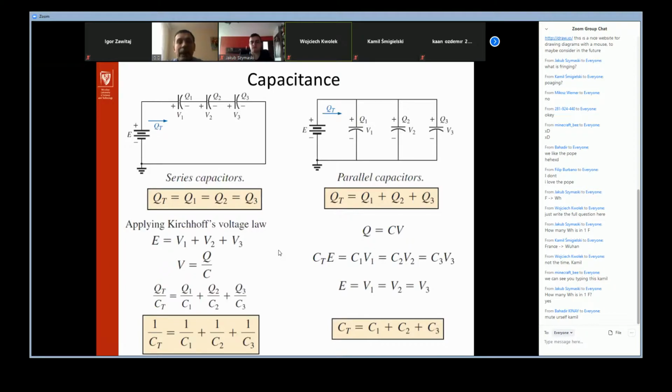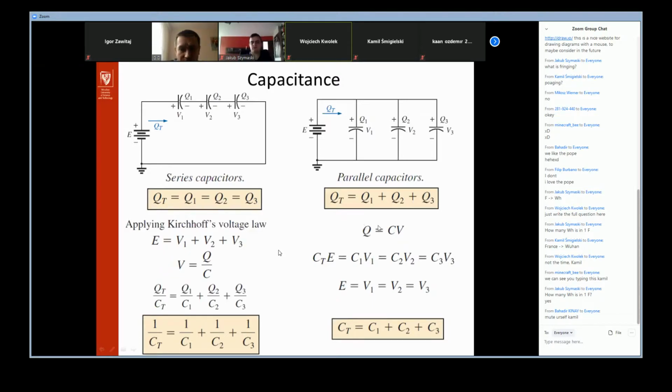Next thing, the capacitors can be connected together in series and in parallel also. What happens when we have the parallel connection of the capacitances? If we consider the charges which are collected in each capacitor in the parallel connection, we can sum up the charges.